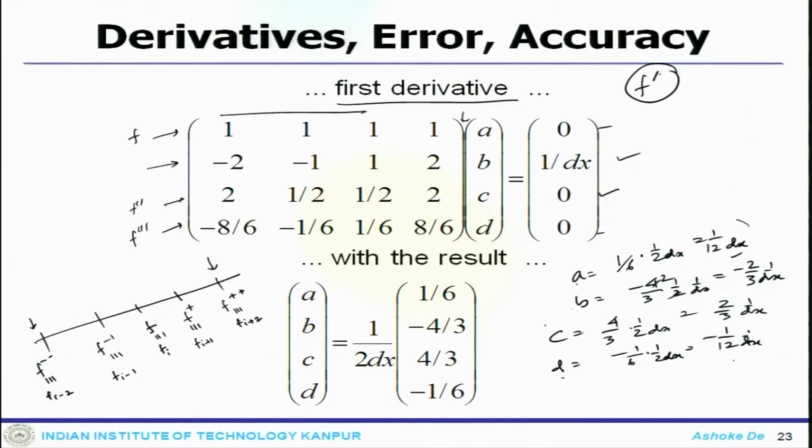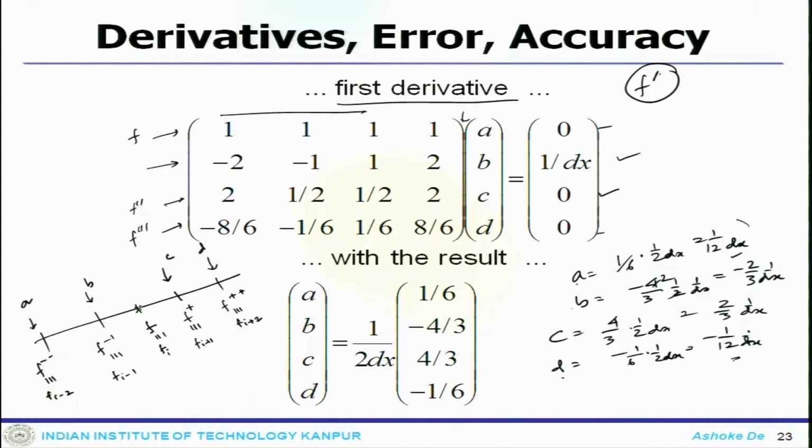B and C are multiplied with these points. So if you see, the weights A and D have equal values with different sign, and B and C also have the same value but with different sign.